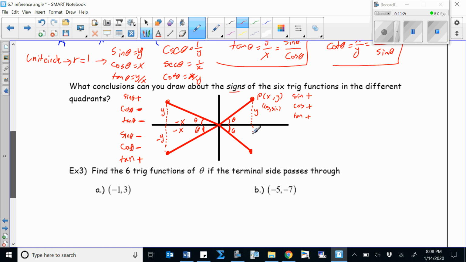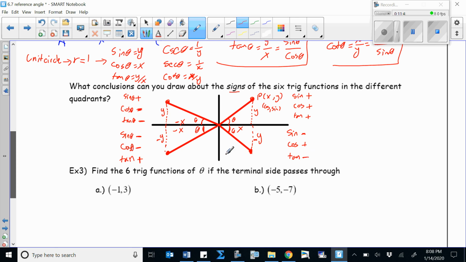And if I draw my straight line, this is my x and this is my y. X is positive because it's on the right side, but y is negative because it's below the x-axis. So this means sine is negative, cosine is positive, and tangent is negative divided by positive, which is negative.